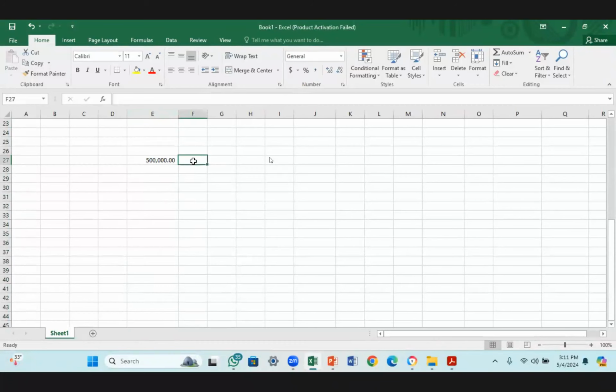A year ago, what would have been the dollar rupee rate?